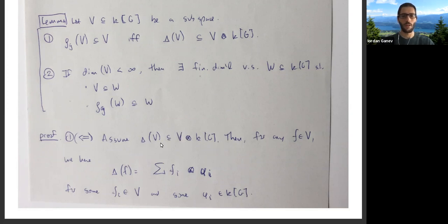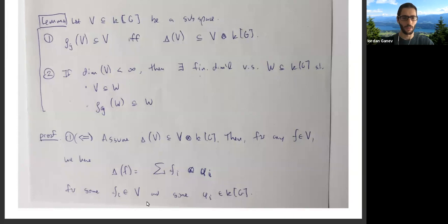That means if we take any F in V, so V is a subset of K bracket G, in particular everything is a function on G. When we write out the coproduct, it lives inside a tensor product, so we can decompose it into simple tensors like this. The hypothesis is that each of these F sub i's lives inside of V, and these phi sub i's are just some other elements of K brackets G. There's no hypothesis on them.